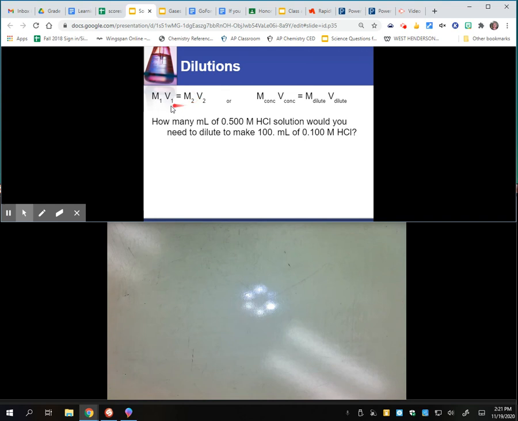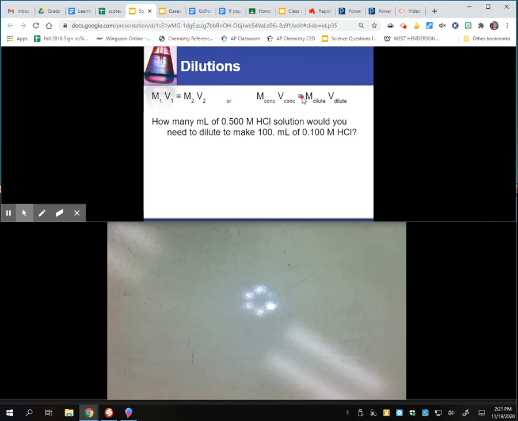And you can use it, but I think the ones and twos don't lend themselves as well, so I use C's and D's. So this stands for concentrated. For this one, you have to figure out which one is your concentrated solution and which one is your dilute solution. The lower the number, the more dilute.